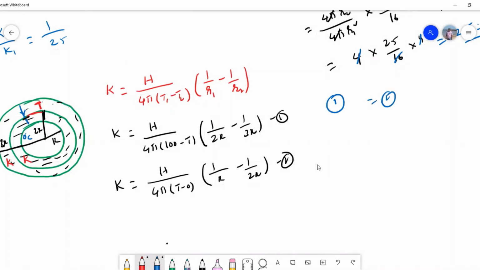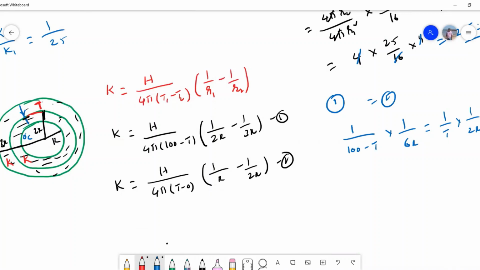When I write 1 equal to 2, this H by 4 pi will cancel. So I am left with 1 by (100 minus T) into 1 by 6R is equal to 1 by T into, if I take the LCM, 1 by 2R.